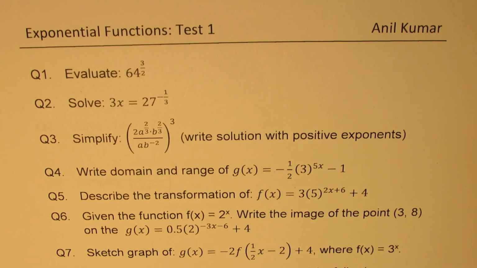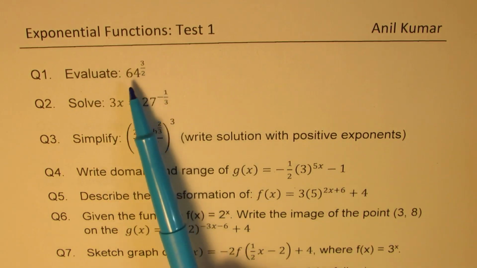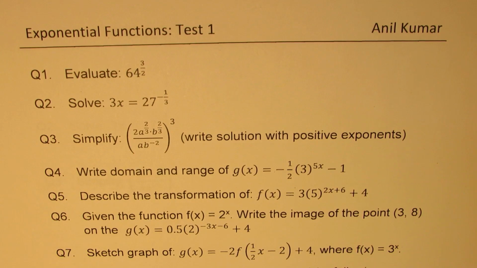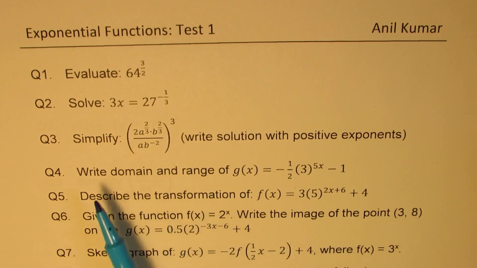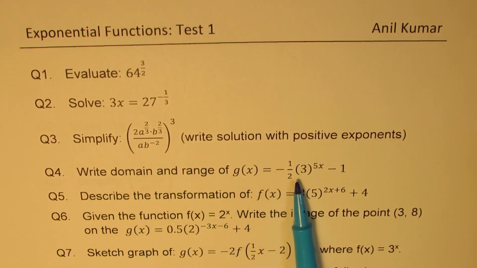So we'll begin with very simple concepts of evaluating radical numbers and solving a simple exponential function. There will be another video on exponential functions where we'll treat more complex problems. Then we'll simplify such expressions. We'll write domain and range of transformed functions.